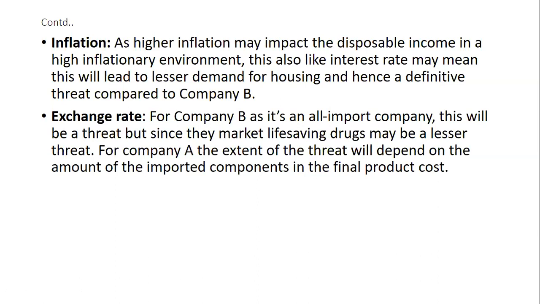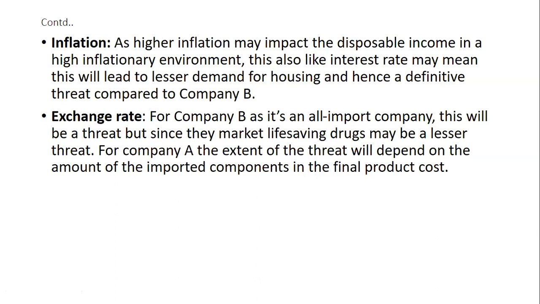So what they say is, when inflation is high, there's an impact on your disposable income, because earlier, if you earned 100,000, you bought a certain amount X of goods. Now with inflation, to buy X amount of goods you have to spend maybe 125,000 or 135,000. You have to spend more money. So then the money you save, your savings, will come down.